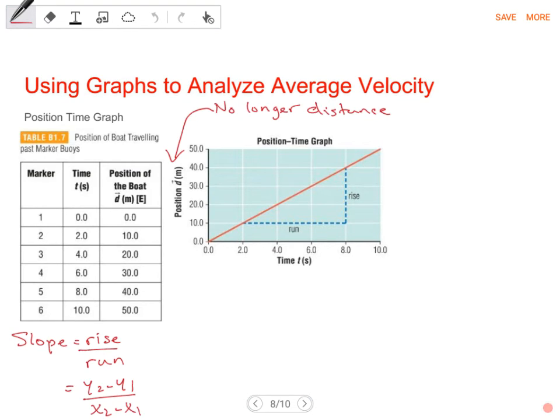Here I wanted to show you again, you will recall when we looked at speed, we could relate speed and time, and when we related distance and time.